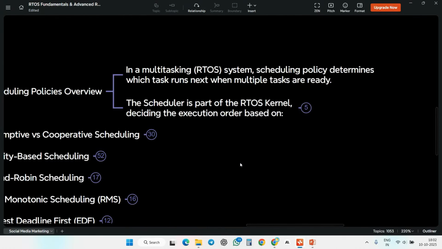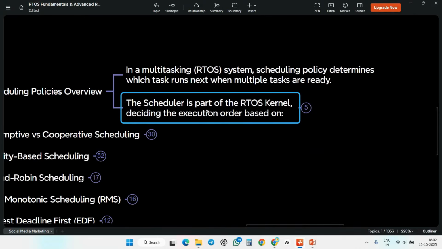Here we can schedule based on the priority number. The scheduler is one of the main important parameters in your RTOS kernel, which helps in deciding what runs next.